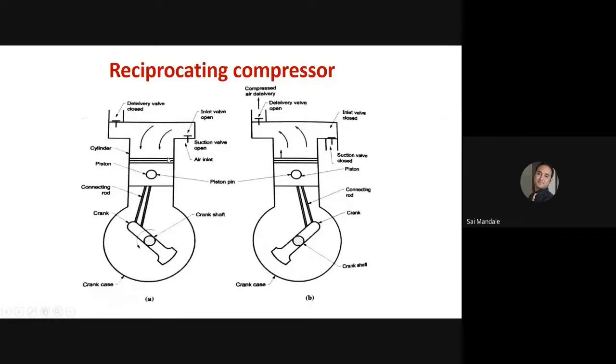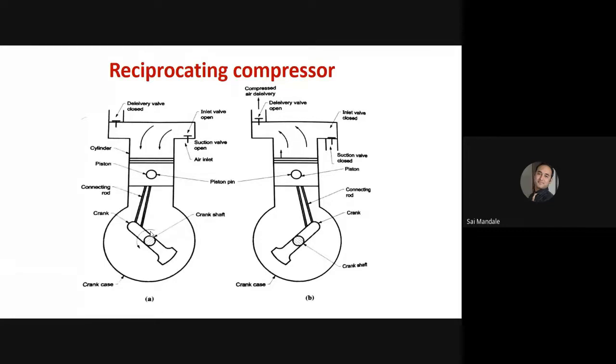The piston is connected to the connecting rod. The connecting rod is connected to the crank. Right now I am telling you a few components and their arrangement and interlinkage, so you have to tell me the sequence and their connection.